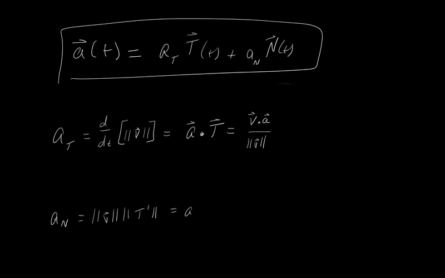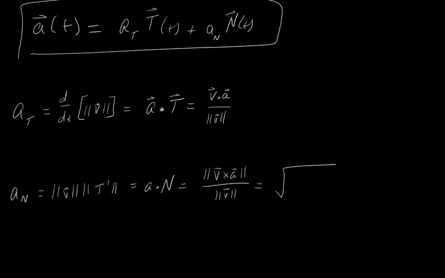So that's A dotted with N, which is equal to the magnitude of V cross A divided by the magnitude of V, which is equal to the square root of the magnitude of the acceleration vector squared minus a_T squared.